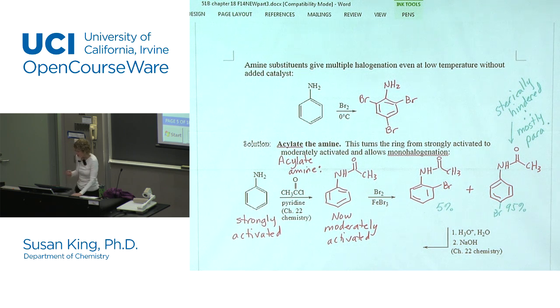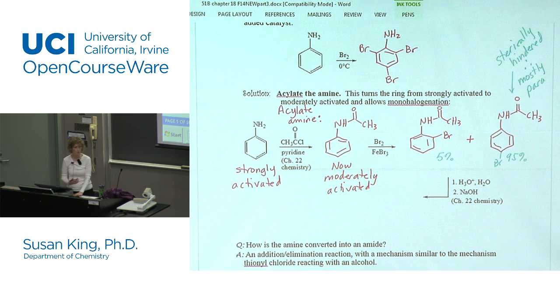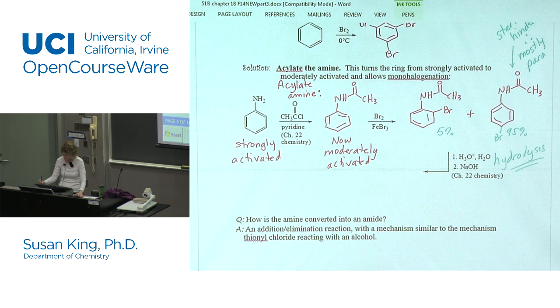And now once we're done putting that bromine on, we can take that acyl group right off again. That is chapter 22 chemistry. This is a hydrolysis. You do not need to know the mechanism. You will know that soon enough when you get back here to start the third quarter of OChem.